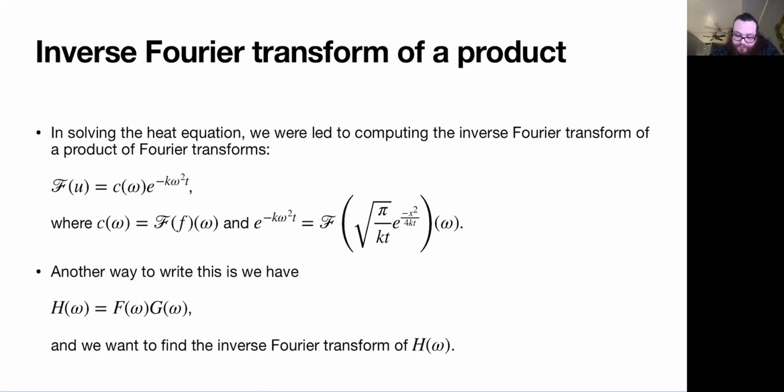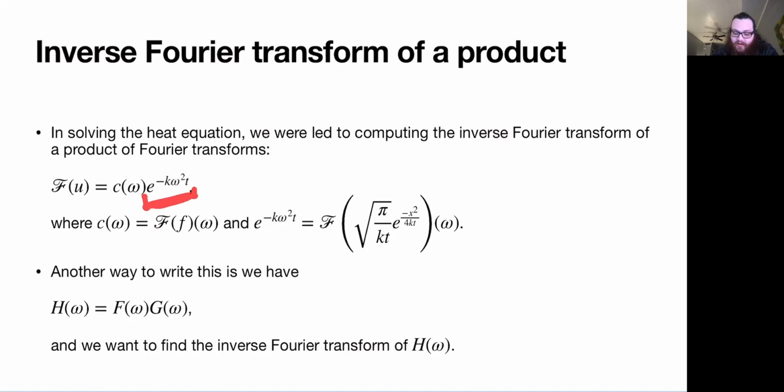In the last bit, we solved this by applying the inverse Fourier transform, but the observation is that these two functions we were working with are themselves Fourier transforms of something else. The C omega in practice is going to be the Fourier transform of the initial condition, little f.